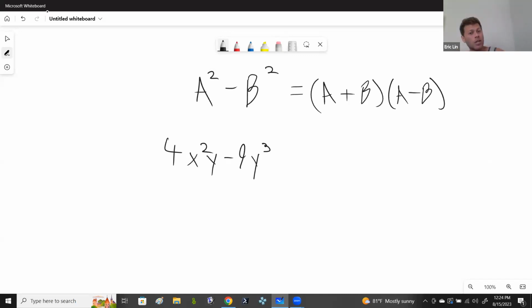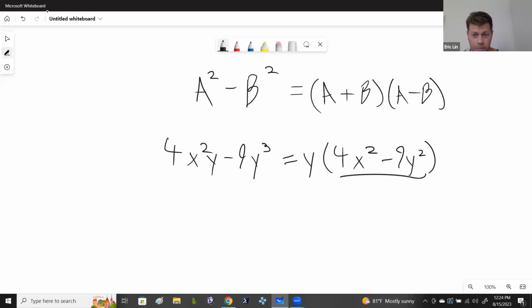So for example, I look at this and I say, well, each of these two terms has a y in it. So I can factor a y out and be left with 4x squared minus 9y squared. And then I can look at this piece and say, hey, that's a difference of squares. But I had to previously factor out any common factors that I saw.